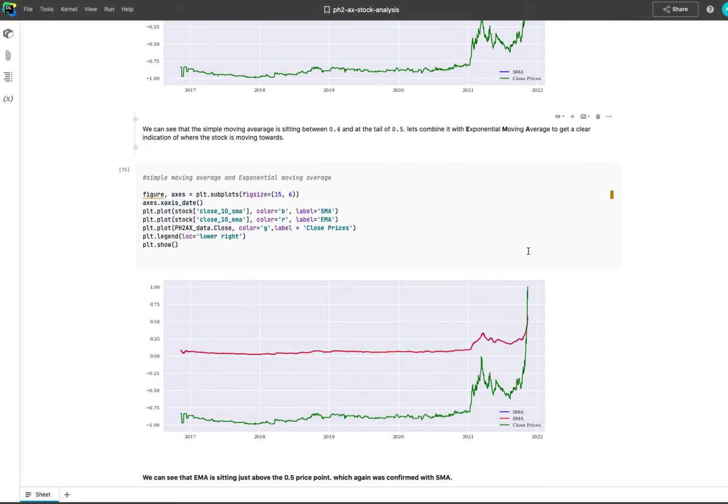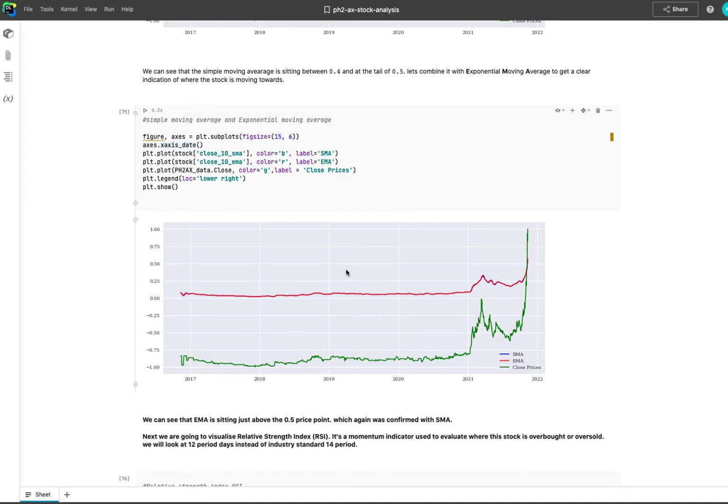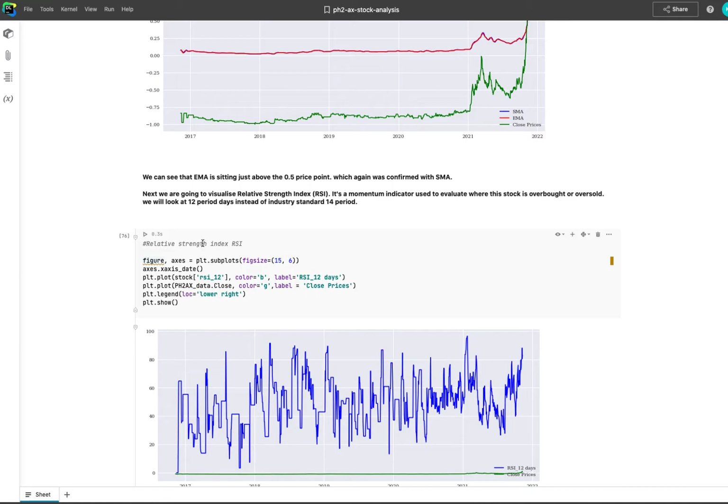And then we will look at the EMA, which is the red one. Again, it's just around here as well, exponential moving average. And then we're going to look at the relative strength index. So this is to visualize the relative strength of the index, looking at whether the stock is overbought or oversold.